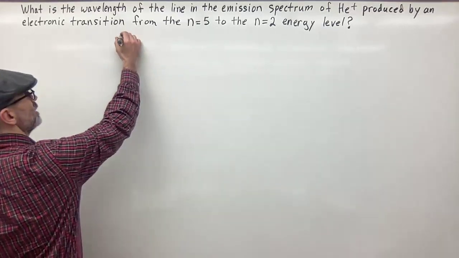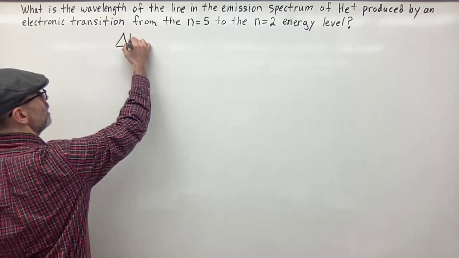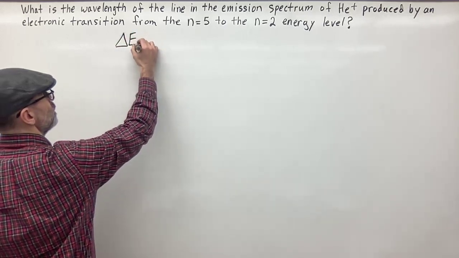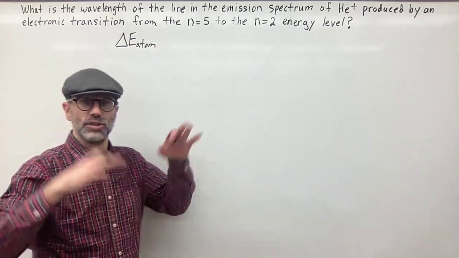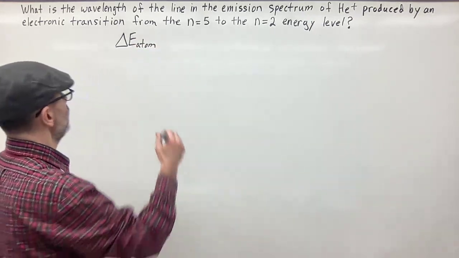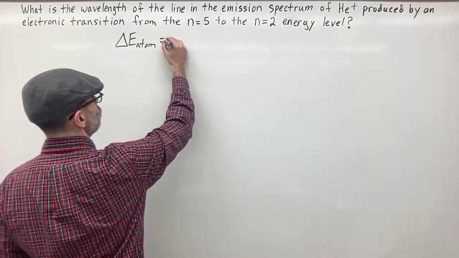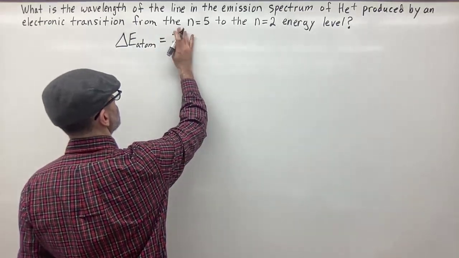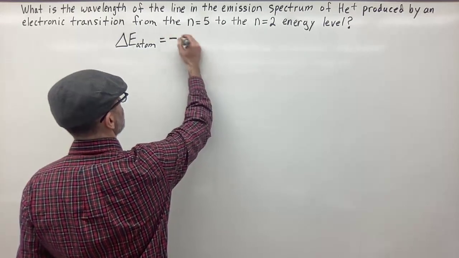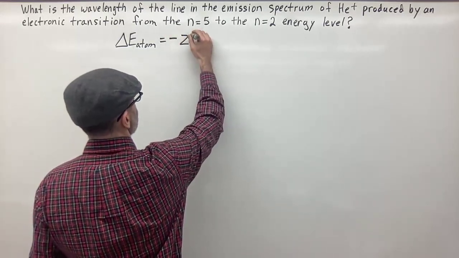So we know that the change in energy of an atom, and that includes the electrons in the atom, is going to be equal to minus Z squared.